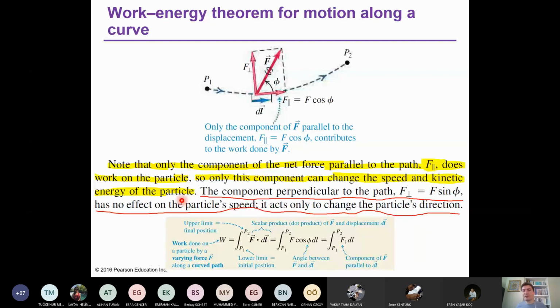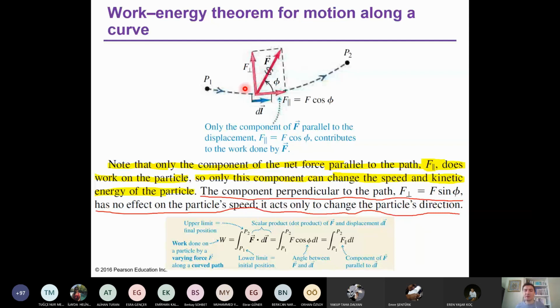What about this perpendicular component of the force? Since this is 90 degrees, cosine phi is 0, there will be no work done by this perpendicular component of the force. But what about the duty of this perpendicular component? Remember the uniform circular motion, non-uniform circular motion.